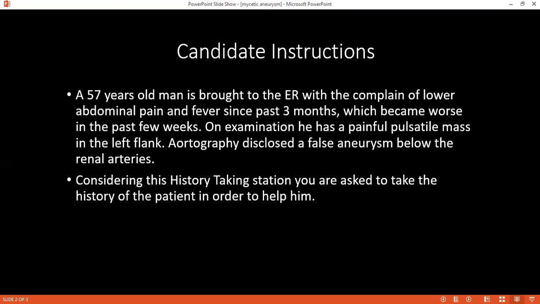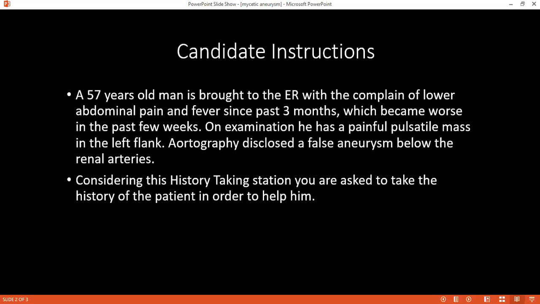Okay, can you present your history now, please? Yes, ma'am. My patient named Jane, 57 years old, is suffering from a swelling in her left flank for 3 months, and it is increasing day by day.